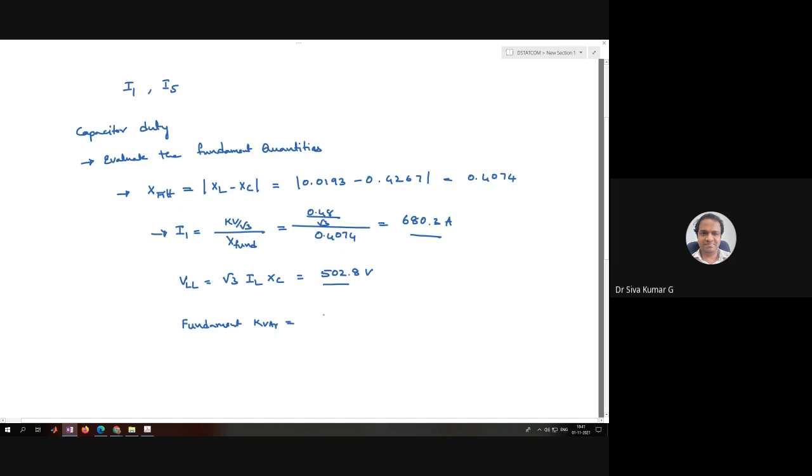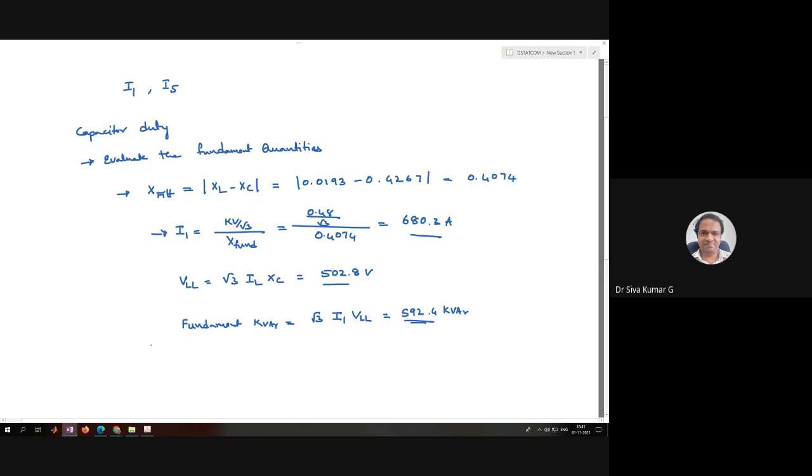Because we have taken the line to line voltage, we can go for a root 3 times of I1, the capacitor current, and then the VL. We get about 592.4 kVAR. This is the fundamental reactive power which is loaded on the capacitor bank.